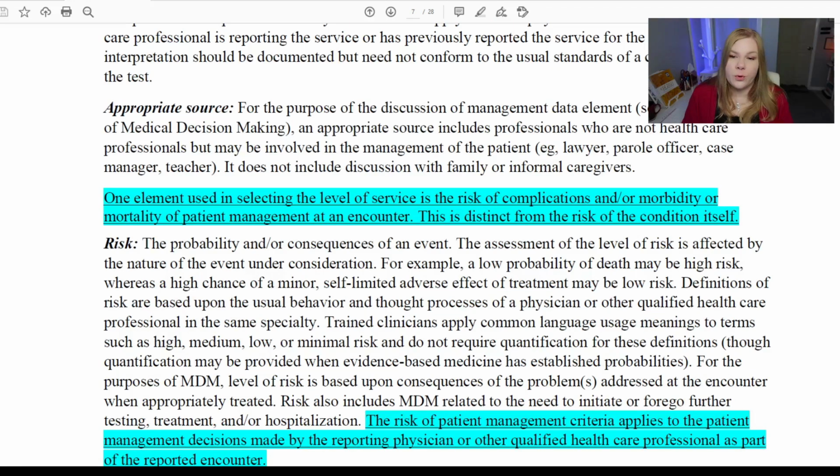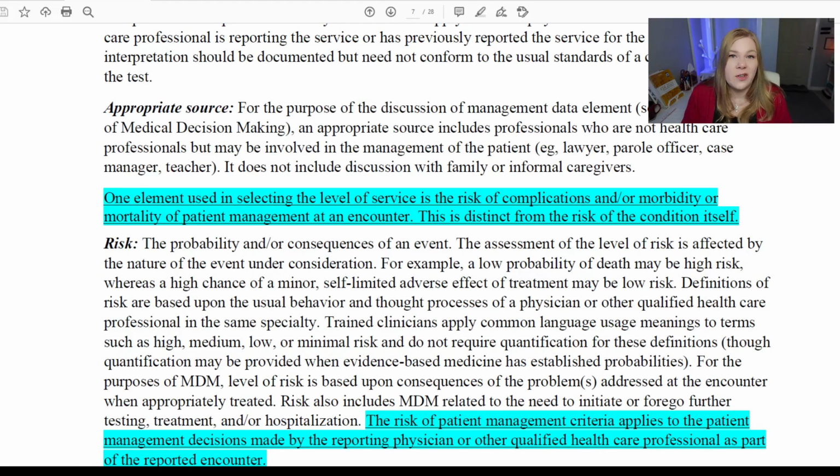Here under appropriate source, it says one element used in selecting the level of service is the risk of complications and/or morbidity or mortality of patient management at that encounter, and that is distinct from the risk of the condition itself, meaning that they could have a very high risk treatment plan or treatment method that might be different than the risk of the condition itself.